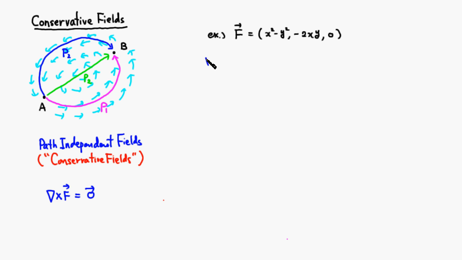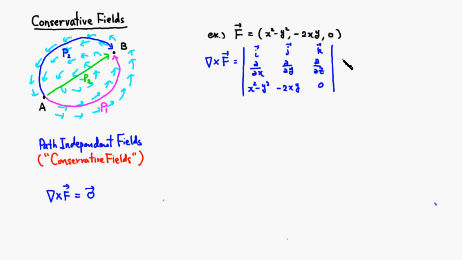The curl of this force F is going to be the determinant with i, j, k, partial with respect to x, partial with respect to y, partial with respect to z, and we have x squared minus y squared, negative 2xy, and 0.